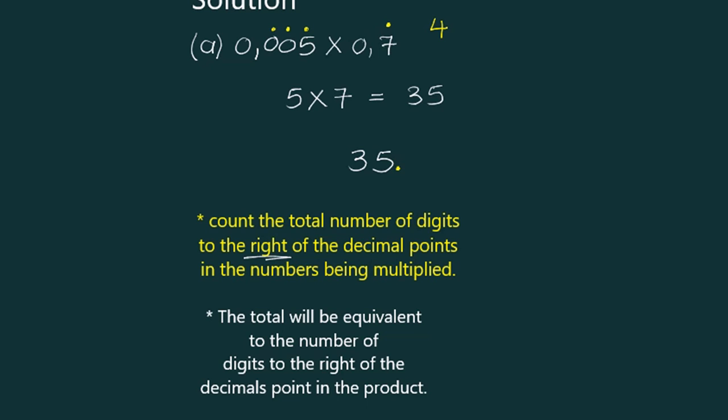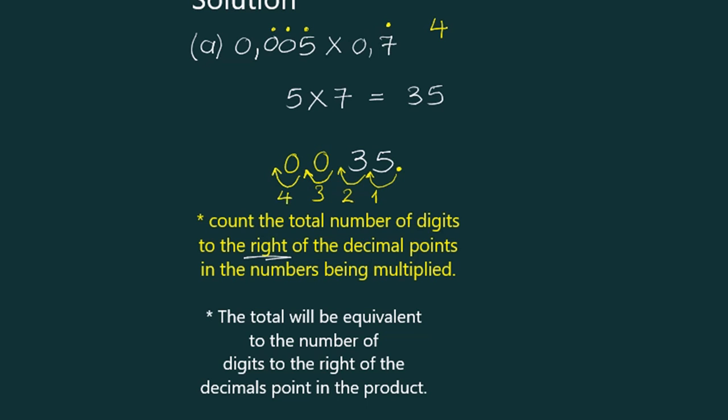I have to move that decimal point 4 decimal places backward. I move 1, 2, and I add a 0 there since there's no more digit, and I move 3 and put a 0 there as well, and I move 4, and that'll be it.